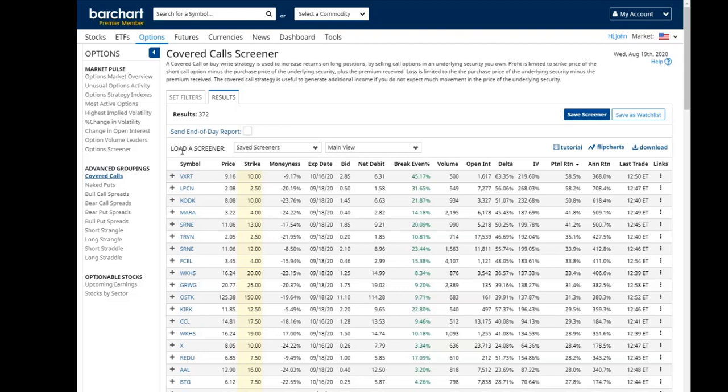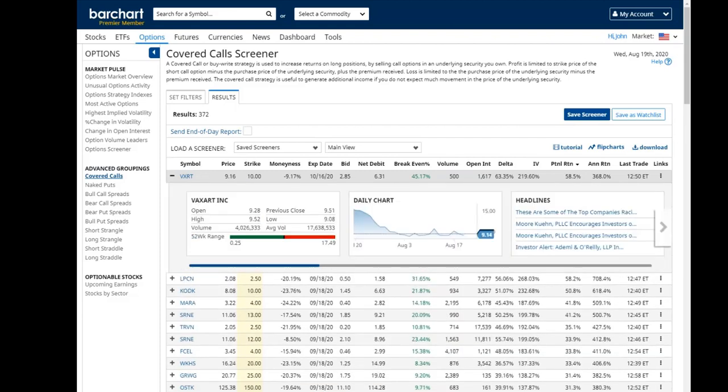Okay, so first of all, we have our symbol, right? If I have a symbol that I don't recognize, I can just come in here and open that up. And this will give me a quick snapshot of whatever the symbol is. In this case, it tells me what the stock is.